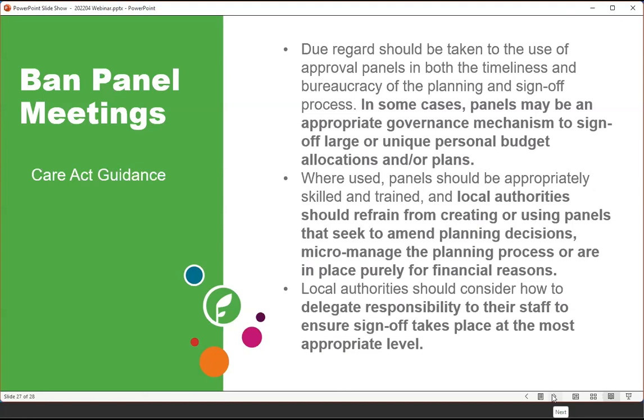And if we can remove DFG allocation panels, then that should take at least a couple of weeks out of the process in many, many cases. So that was my run through of the 4 key elements of a DFG decision.